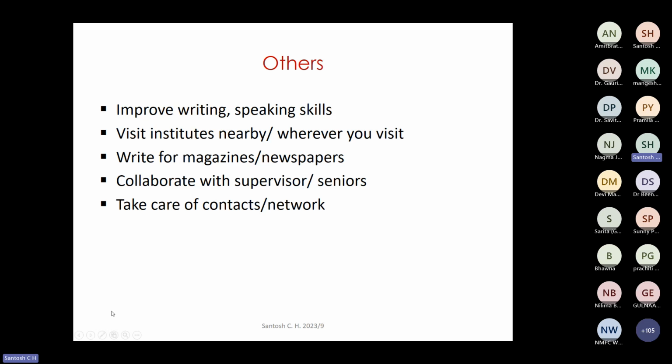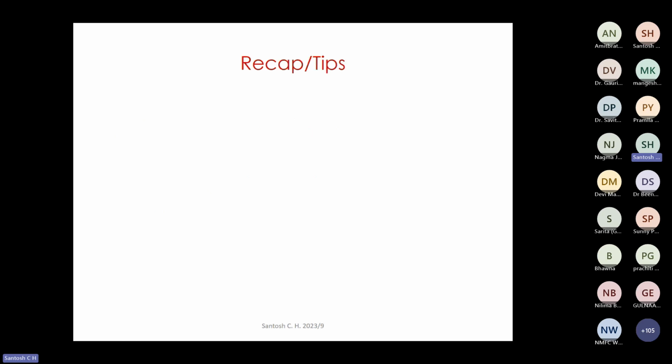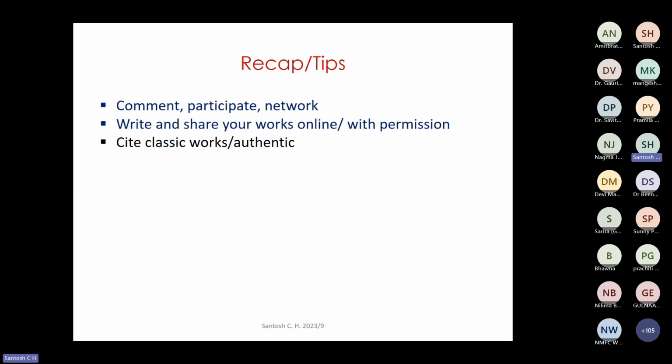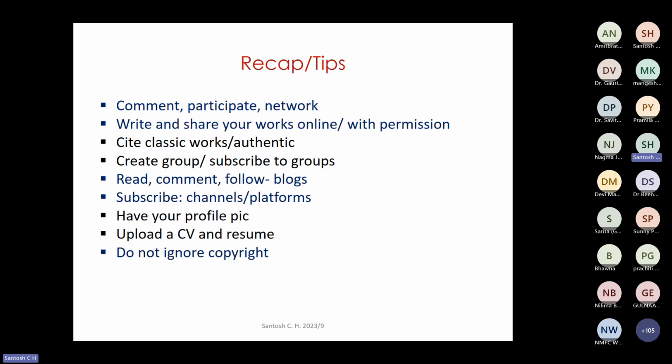And also try to write for magazines, okay? Don't just focus only on the research journals. Try to write for magazines, blogs, and newspapers. And try to collaborate with diverse people. It could be a supervisor or senior, or anybody who is interested to work with you, right? And also you need to take care of your contacts. That's very, very important.